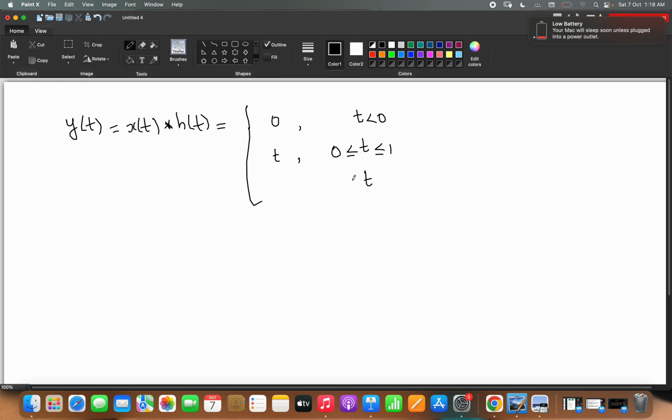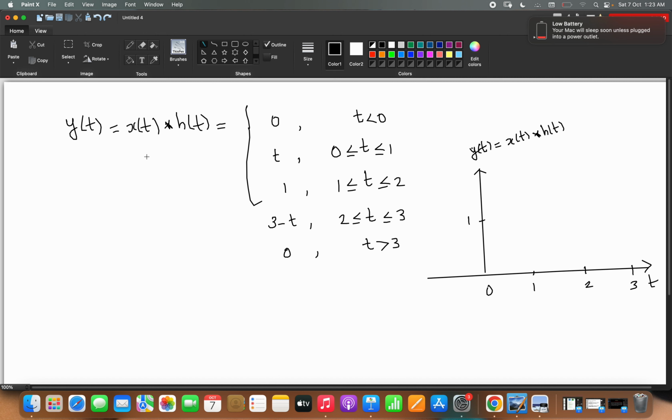And the third case, the value of t is greater than 1 and lesser than or equal to 2. For this case we got the value of x of t convolution h of t as 1. The fourth case is t greater than or equal to 2 and lesser than or equal to 3. For this we got 3 minus t. And the last case, t greater than 3, we got the value of convolution as 0.